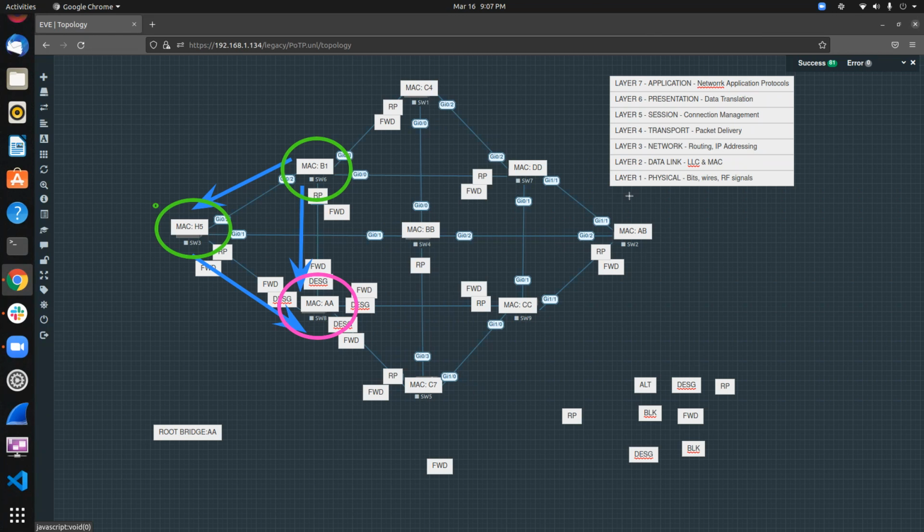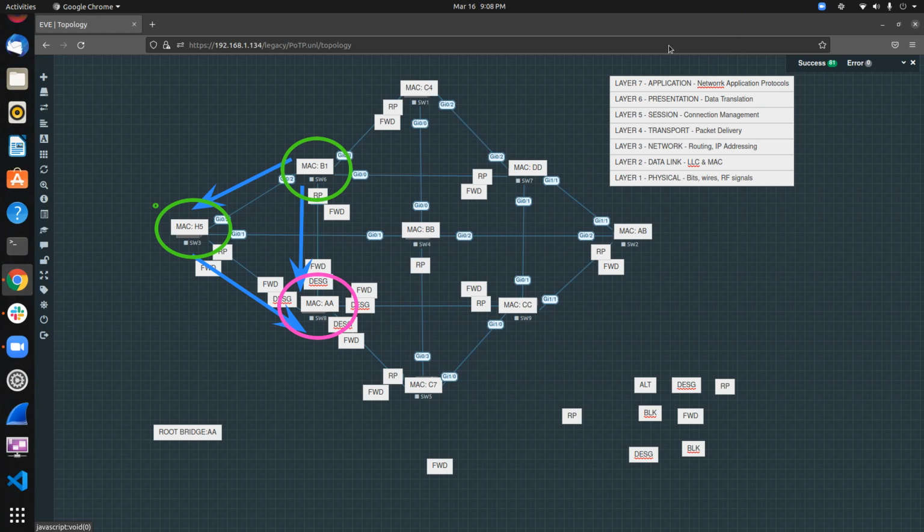Because they're equal in cost to get to the root bridge, and to get to that designated switch, they're equal in cost. Also, it's the cost, but also the priority. The priority number comes at the beginning, then the MAC address. So since they both have the same priority number, the next one would be the lowest MAC address.